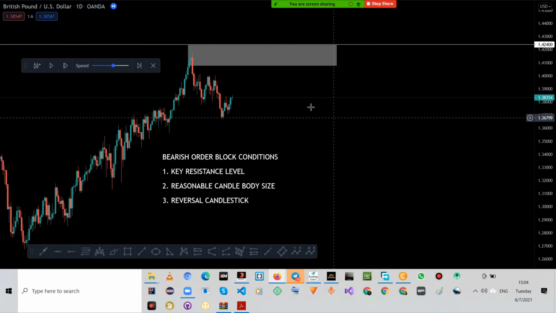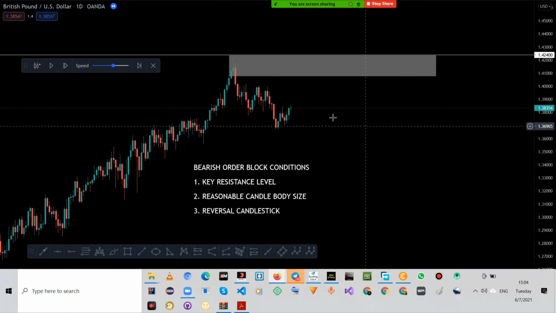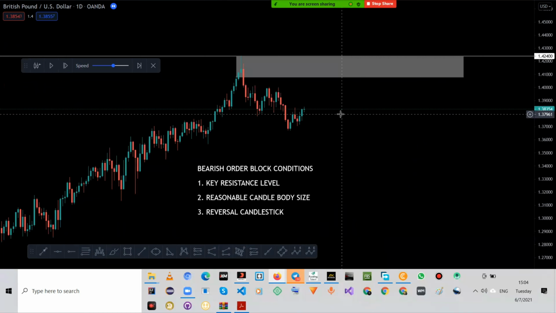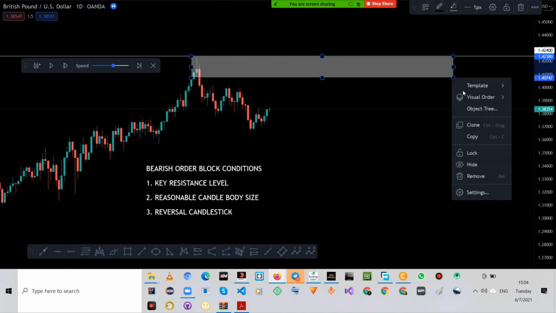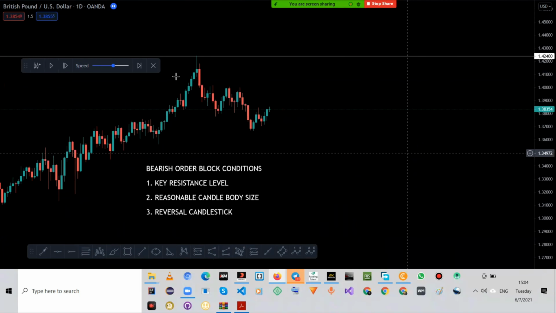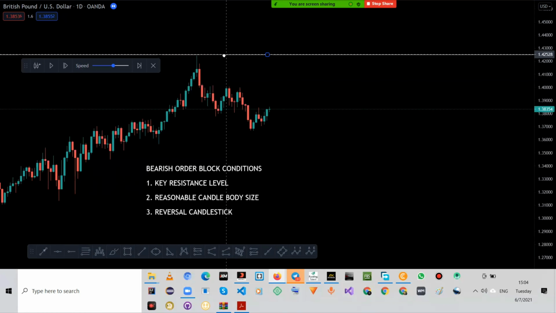Then you're going to need a reasonable candle body size, the highest up-close candle, as you can see on my screen. Let me remove this so that you get what I mean. After you get your key resistance level, you're going to mark it out as I did on mine right here.